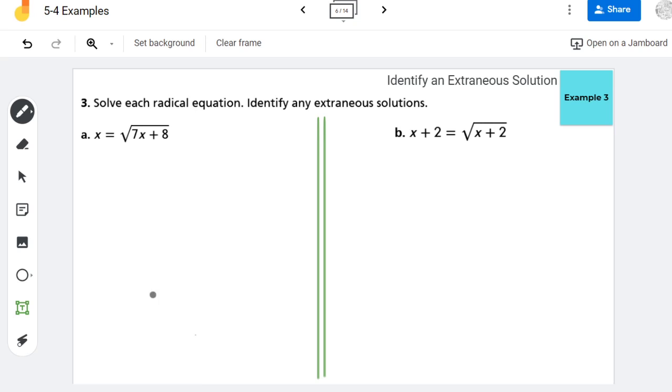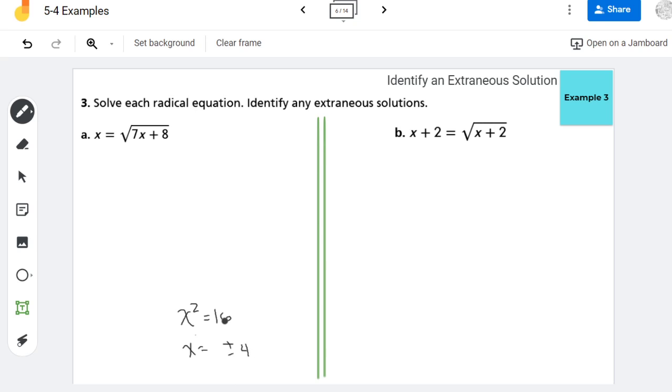think about a situation where you have x squared equals 16. Well, if I take the square root to get x alone, I would get positive or negative 4, right?